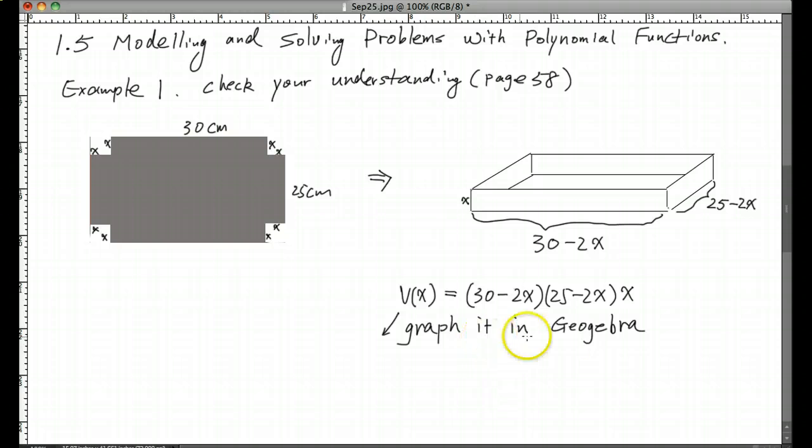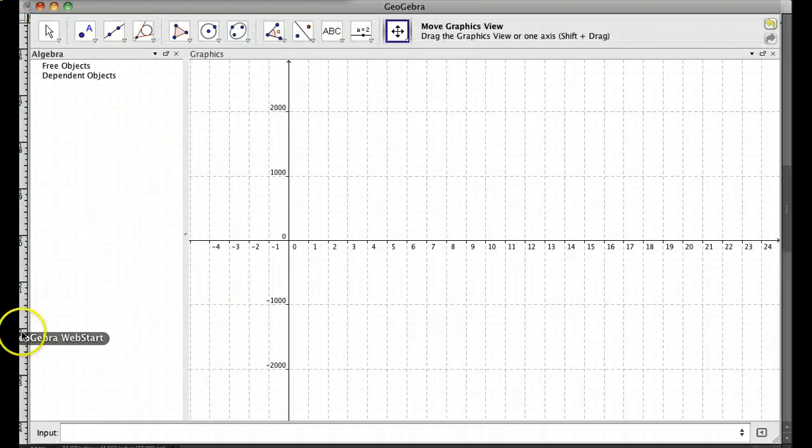Okay, let's graph this in GeoGebra, the software. So let's shift back to the GeoGebra software. Now here you go. Here we can just type in y equals x multiplied by (25 minus 2x), multiplied by (30 minus 2x), and enter.